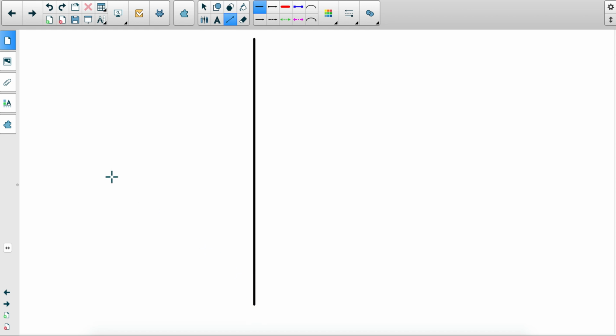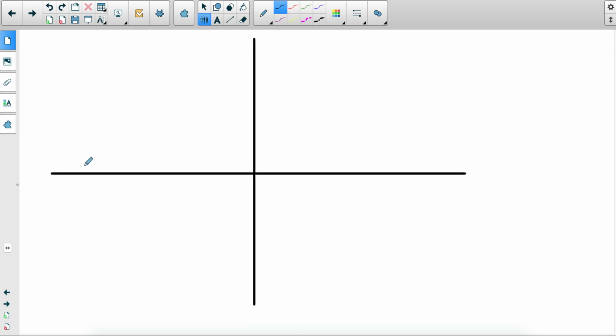And you will be given graph paper to use, but let's say this was your -5, this is your 5, and let's say this was your -40, and they wanted up to 50.